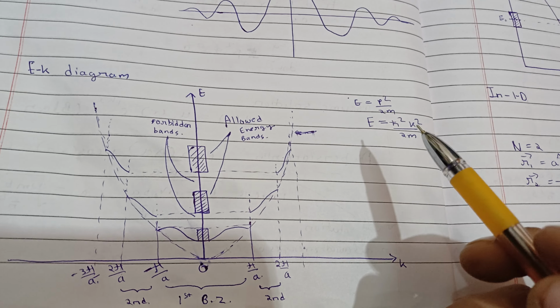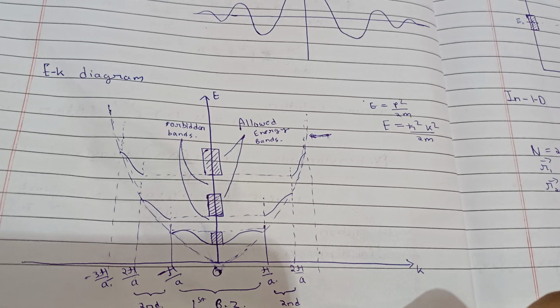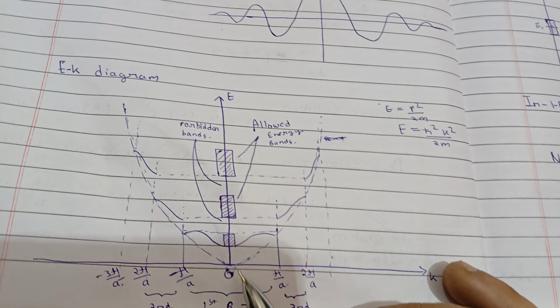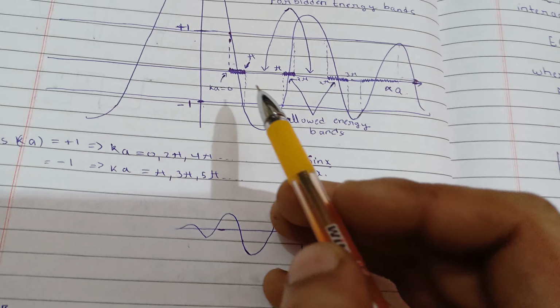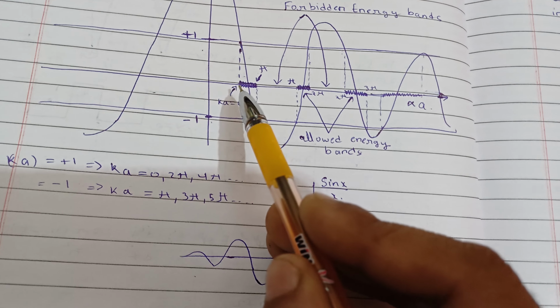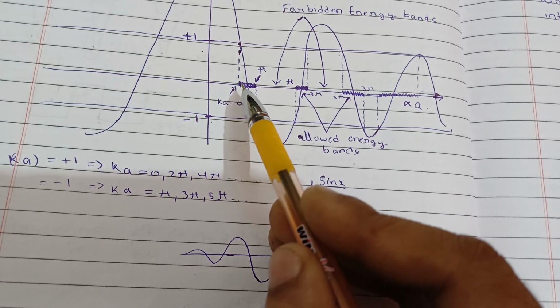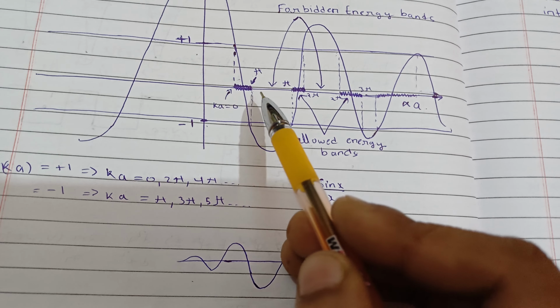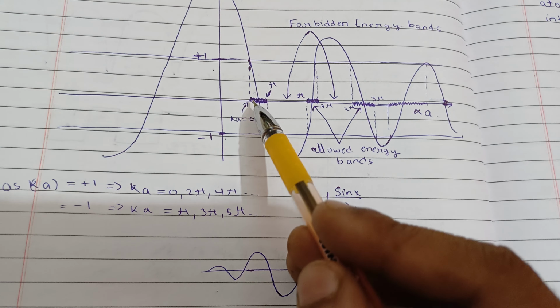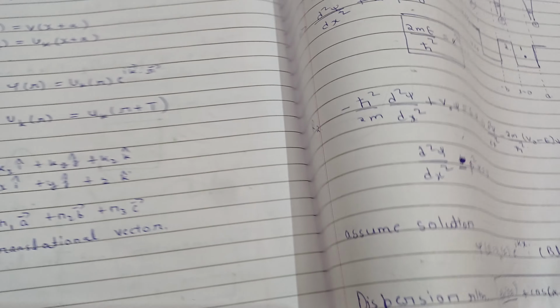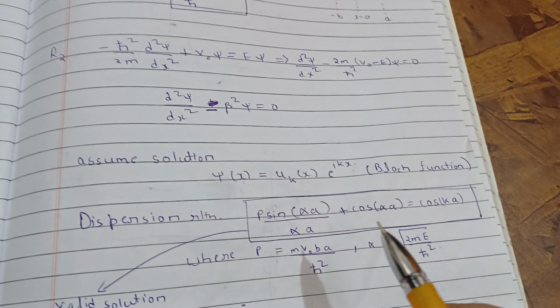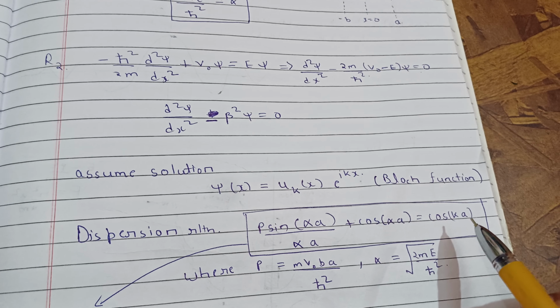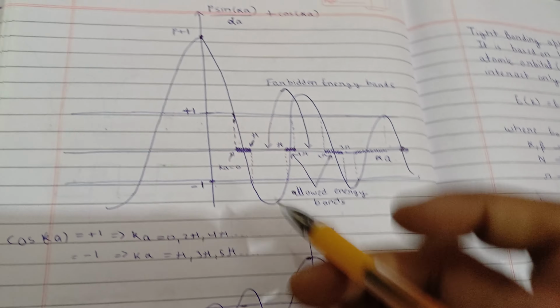Now see, this K is nothing but 2 pi by lambda. So we will see K equal to 0 here. Okay, and why is it 0 here? Let me tell you why it is 0 here. So this whole expression should be equal to cos Ka, and this is on the y-axis.